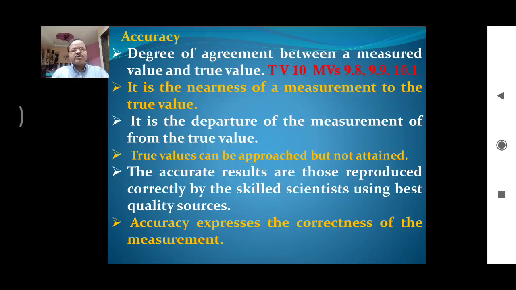Now what is meant by true value? True value means standard value or the literature value, and measured values means whatever measurements we do in a particular experiment, whatever readings we take.